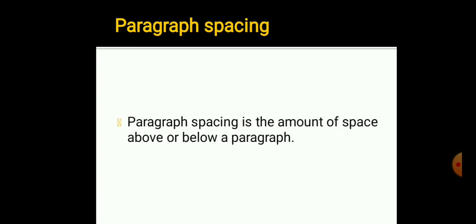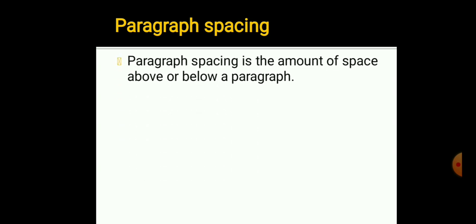The next topic we are going to see is paragraph spacing. As we saw already, the space between the lines is called line spacing. The paragraph spacing is the space given above or below a paragraph. If you typed 3 or 4 paragraphs, in between the first and second paragraph there should be a space. That is given by paragraph spacing.